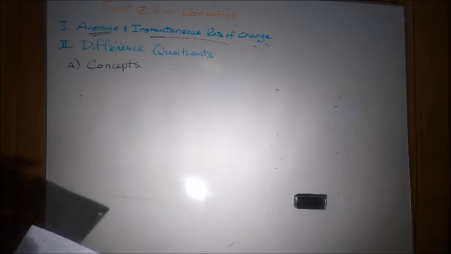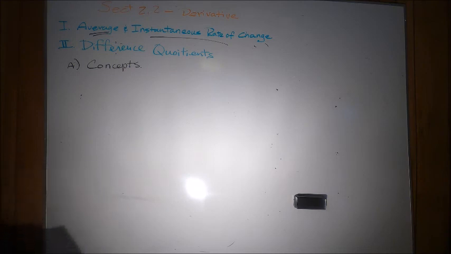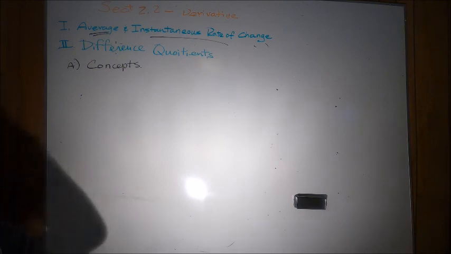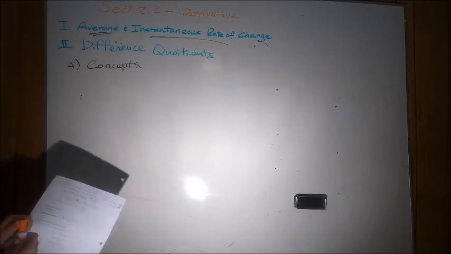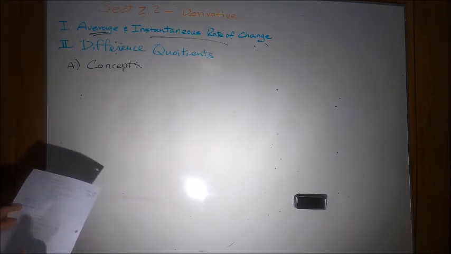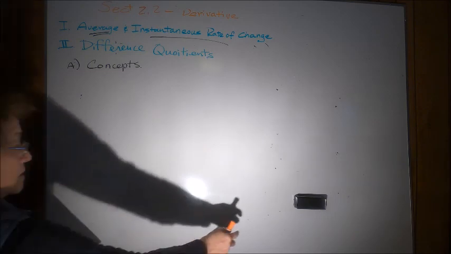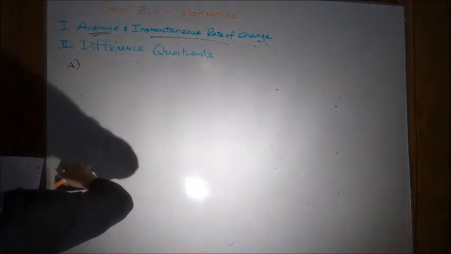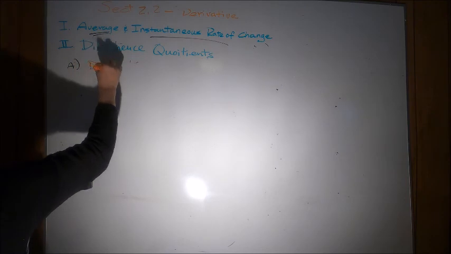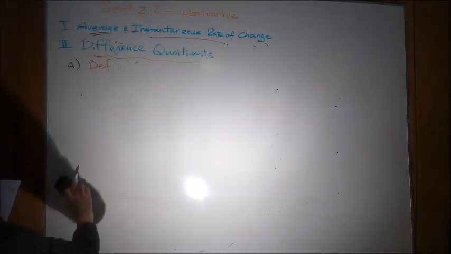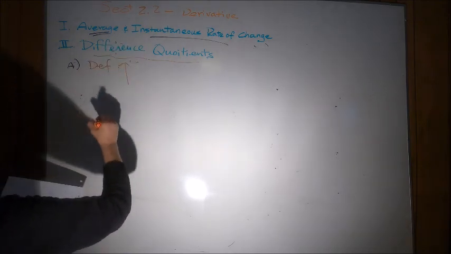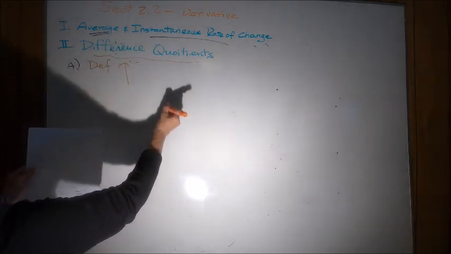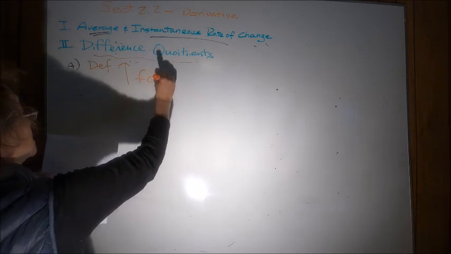Now we are going to talk about another term, something called difference quotients. Okay? So difference quotient is given to you. We're not talking about concept, we are talking about definition. We use this term, then we define it mathematically. We say, okay, something called difference quotient is written like this.